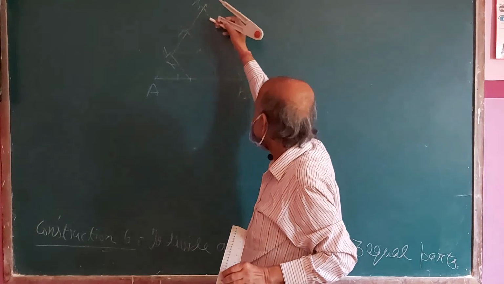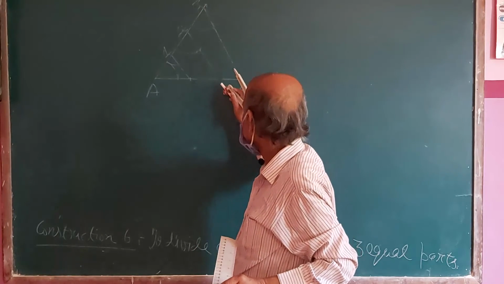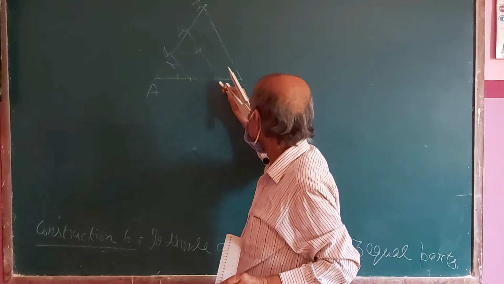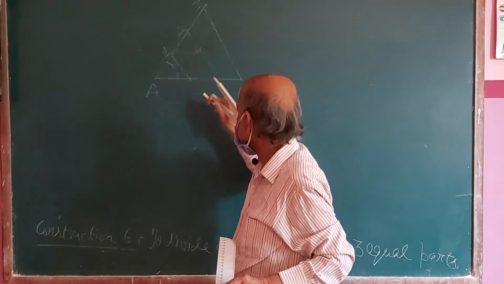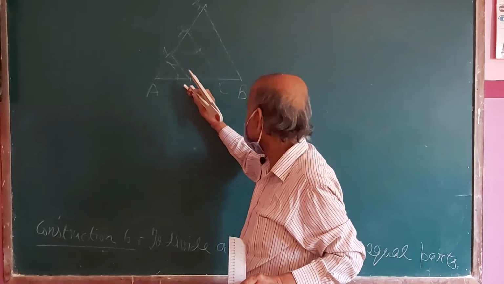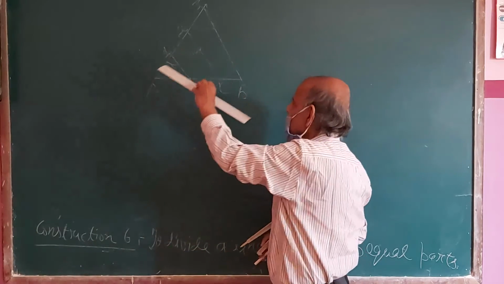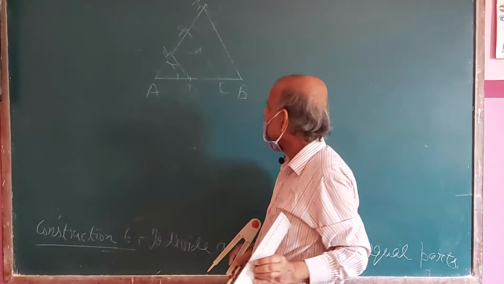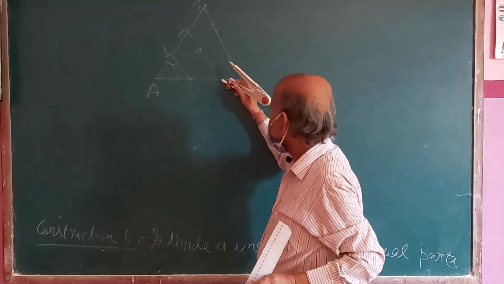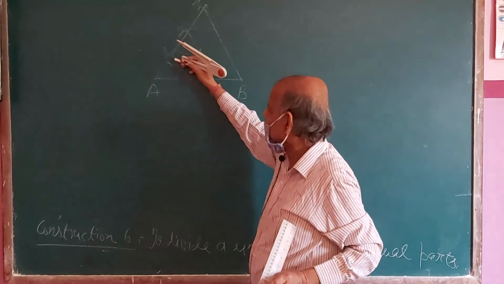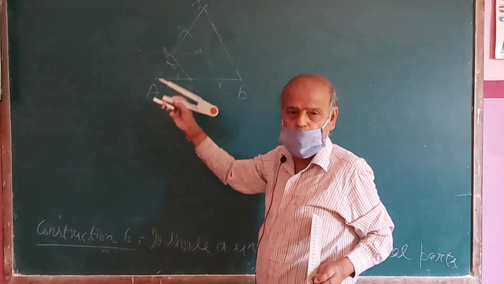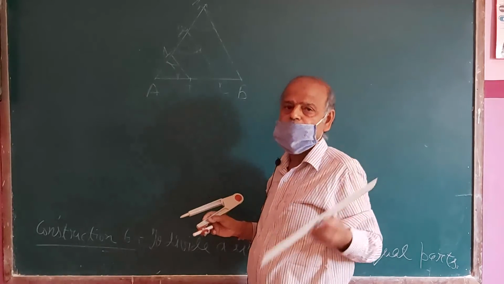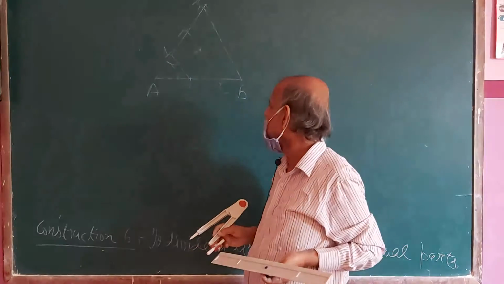Name them C and D. 2C and 1D are parallel to the same line B3. These lines C2 and D1 are parallel to each other also because they are parallel to the same line. So these 3 lines are parallel to each other.